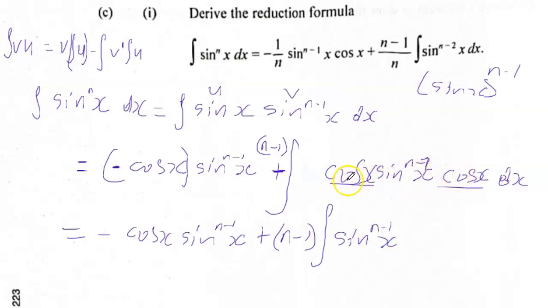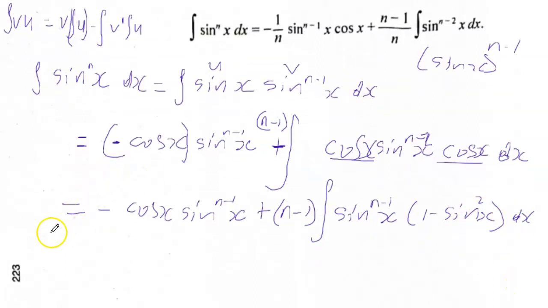Cos times cos is cos square, and we can rewrite cos square as 1 minus sine square, from the first of the Pythagorean identity, dx.